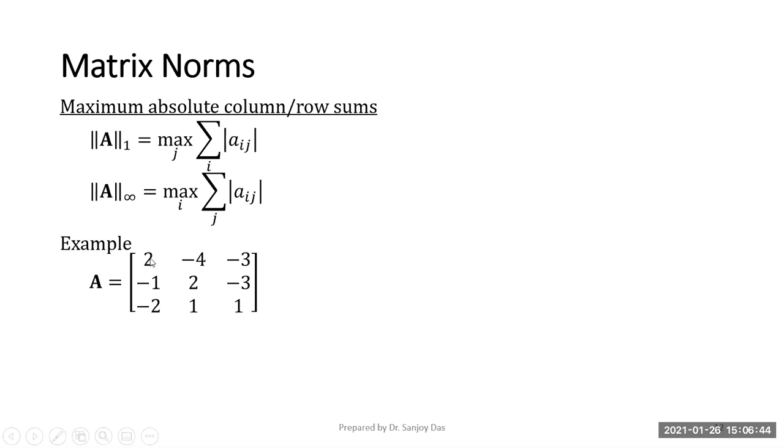First column, 2 plus 1 plus 2. Second column, 4 plus 2 plus 1. Third column, 3 plus 3 plus 1. So the maximum of these: 2 plus 1 plus 2 is 5, this is 7, this is 7. So the answer is 7.